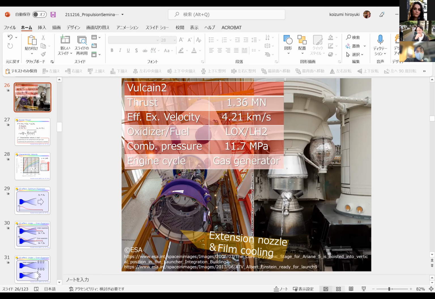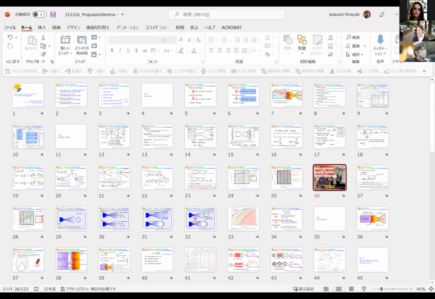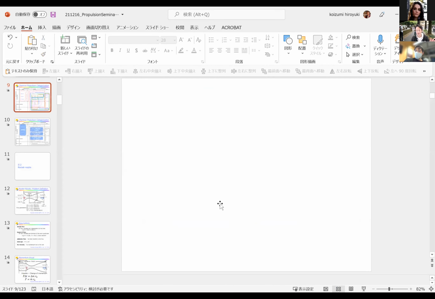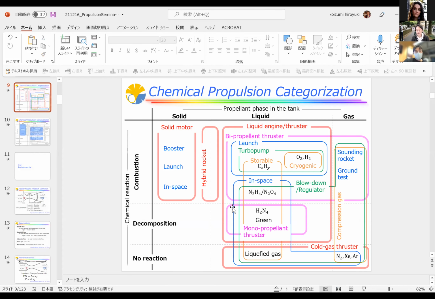Well, I have a quick one regarding the state of the art. In which area do you see these days the high amount of progress being made when it comes to chemical propulsion systems? Yeah, actually, the usage is very wide. So my first answer is it depends on what you look at: solid motor, launch vehicle thruster, or in-space usage.